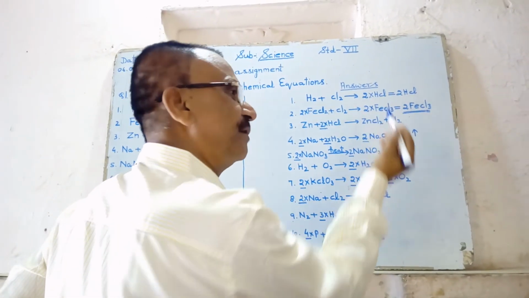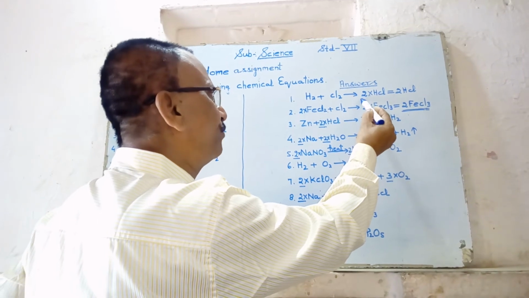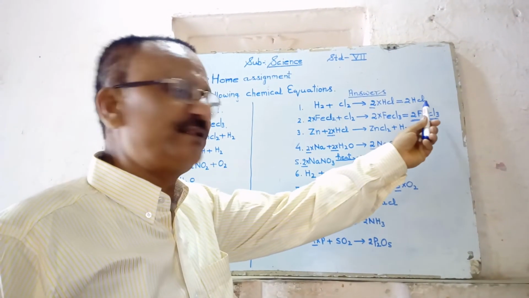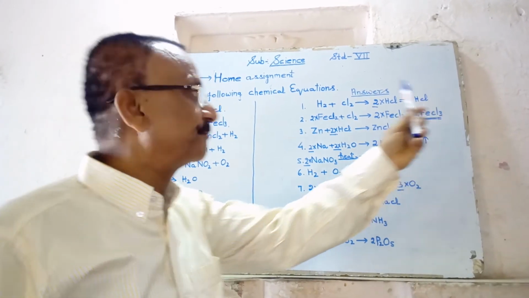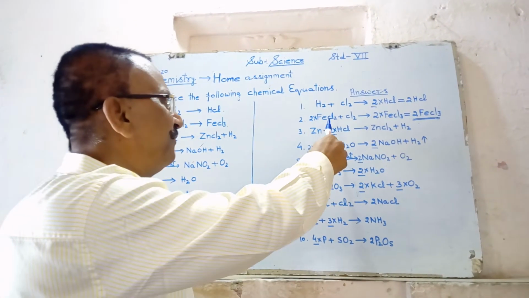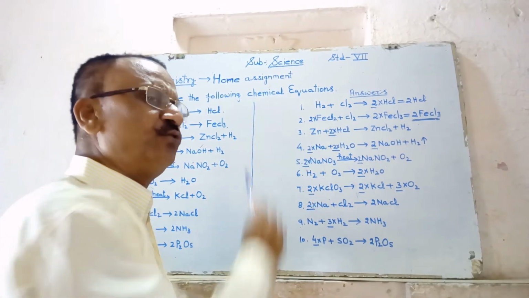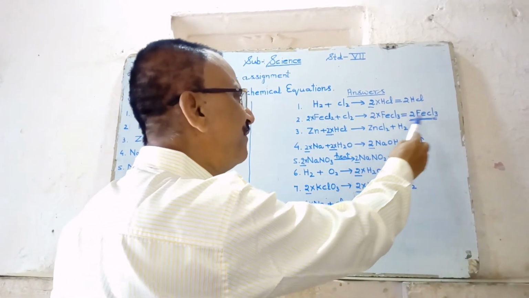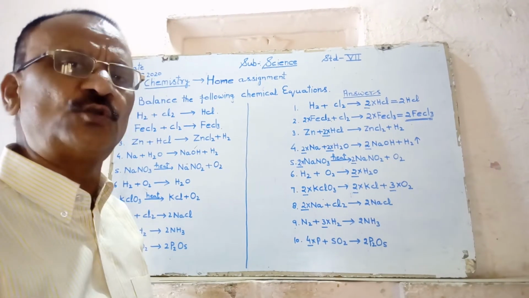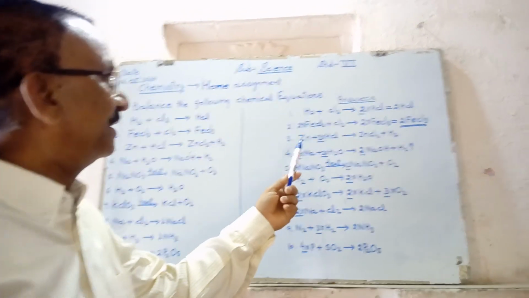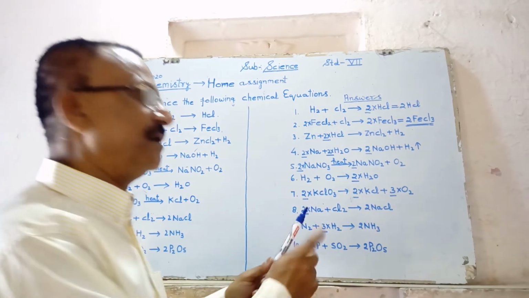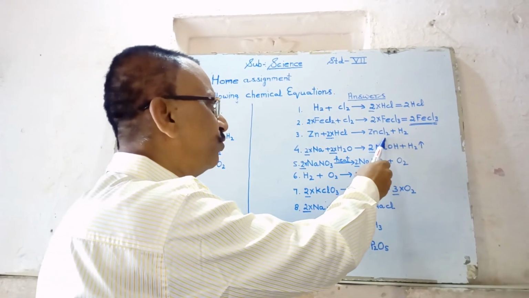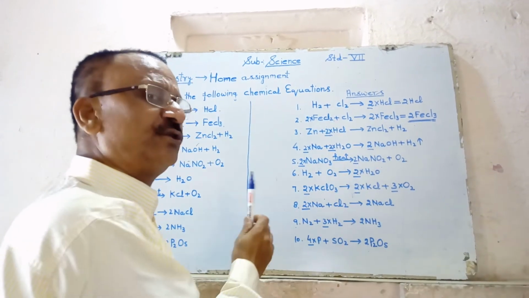This is not balanced, so HCl will be multiplied by 2 to balance the equation, giving 2HCl. Second, FeCl2 will be multiplied by 2 plus chlorine Cl2 gives 2FeCl3. Number three, Zn plus 2HCl gives ZnCl2 plus H2, hydrogen.